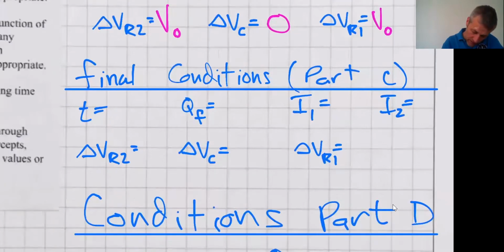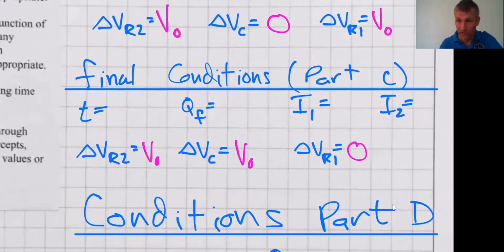So the voltage on the capacitor is now going to be V0. The voltage across resistor 1 is going to be 0. The voltage across resistor 2 is still V0 because it's connected directly to the battery. Whatever happens with the capacitor doesn't change anything about what happens to R2.